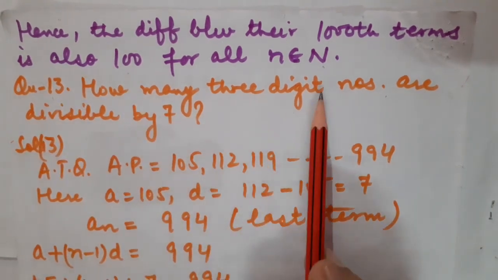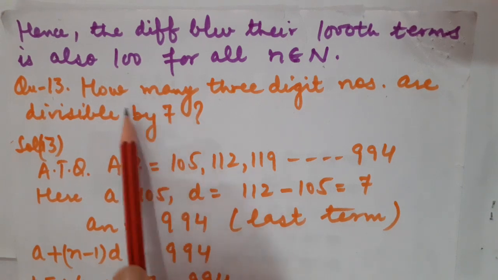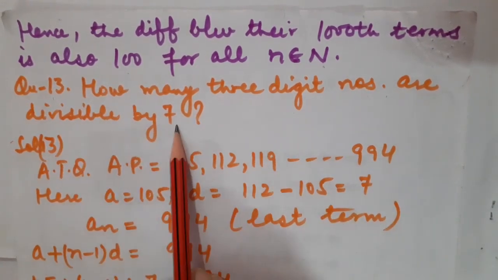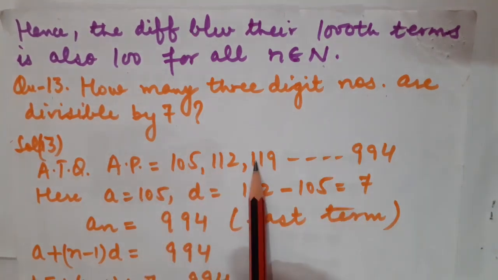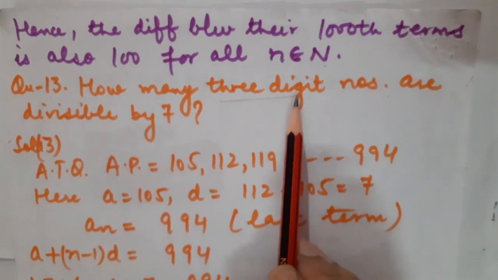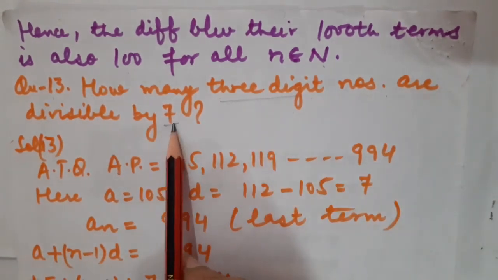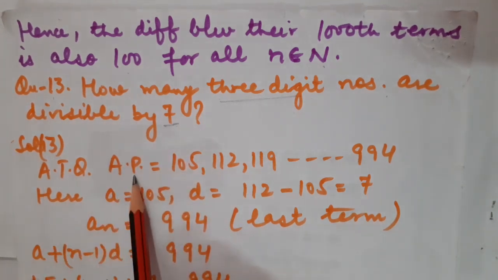How many 3-digit numbers are divisible by 7? So this is the situation given. First of all, we will have to form an AP based on this situation, as we have to deal with 3-digit numbers, and the condition is that those 3-digit numbers must be divisible by 7. So let us start with the very first number.